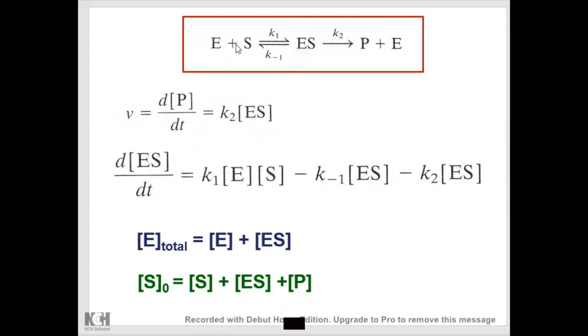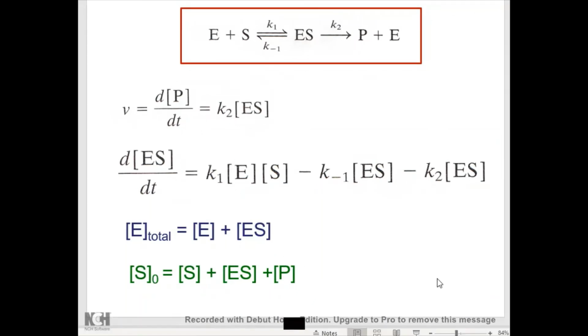Substrate, we also know the total concentration of substrate. And now where do we find the substrate? The substrate exists as a free substrate in solution, as enzyme substrate complex, or some of the substrate is already converted to the product. Let's take a look at the system of differential equations and decide if we can solve them in general or not.